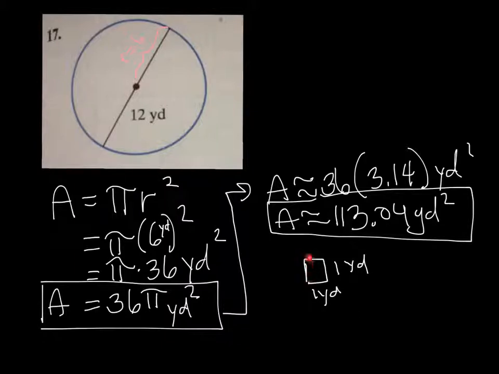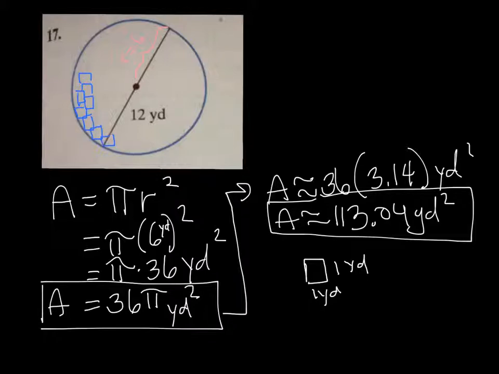So again, if that's a 1 by 1, 1 yard by 1 yard, and obviously this is not a yard, that's really small, it's like half an inch or something. But if it was yards, about 113 squares would fill this circle. 1, 2, 3, 4, 5, 6, this is horrible, 7, 8.